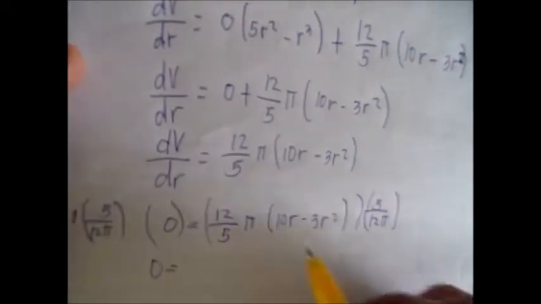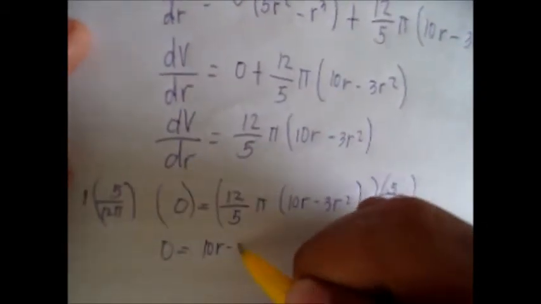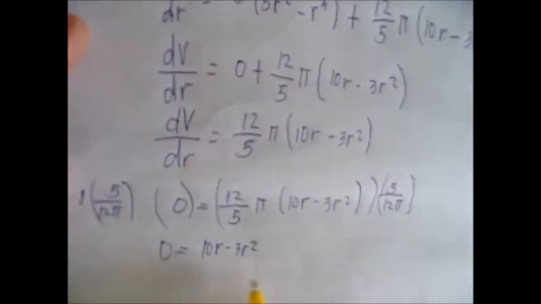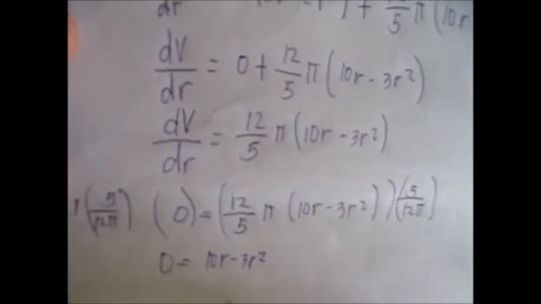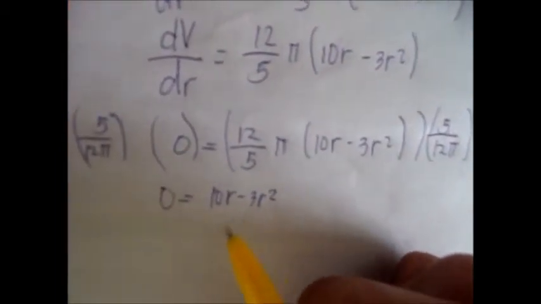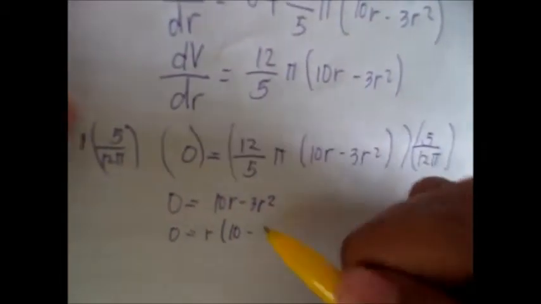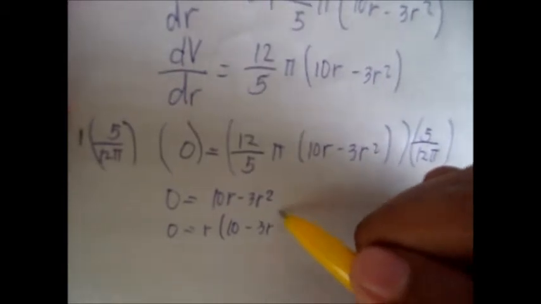So we get this equation only: 10r minus 3r squared. We need to find r, so we find their common factor, which is r. So we have here r times (10 minus 3r).